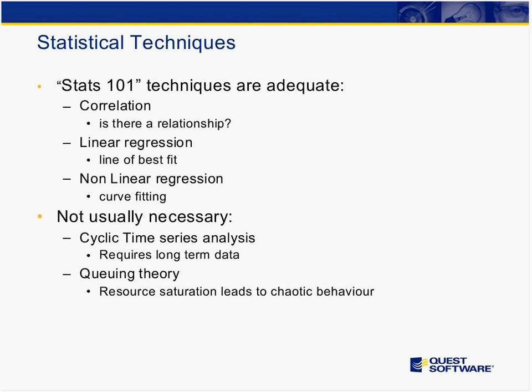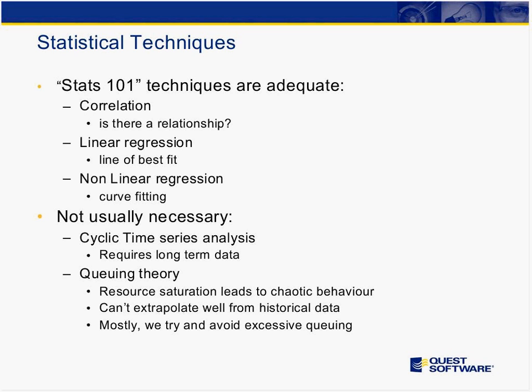Queuing theory is another, more complex method. It involves trying out what happens when you exceed 100% of CPU utilization. You can't extrapolate very well from the historical data. And for the most part, our methodology tries to avoid getting there in the first place.